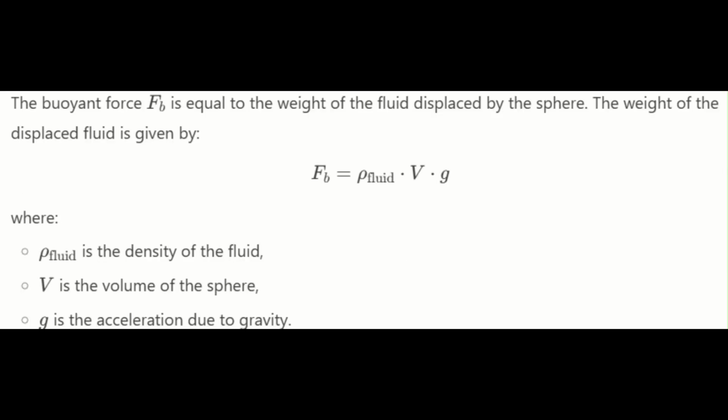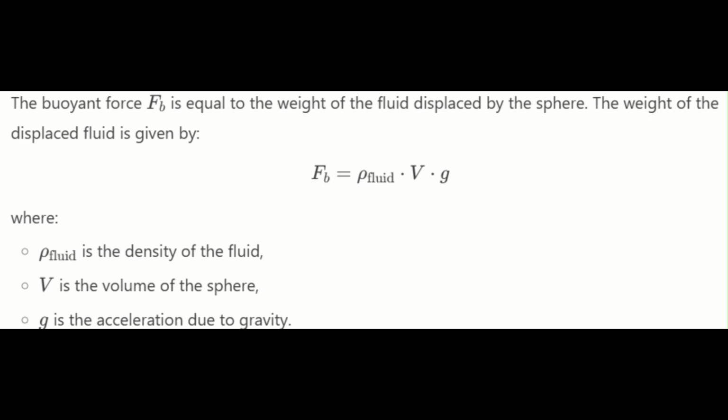The force acting on this body will be the buoyant force. There are various other forces: weight of the body, surface tension, hydrostatic force, but they are more concentrated on a surface. But in this question they ask for the vertical force acting on the whole body, so the suitable answer will be the buoyant force.